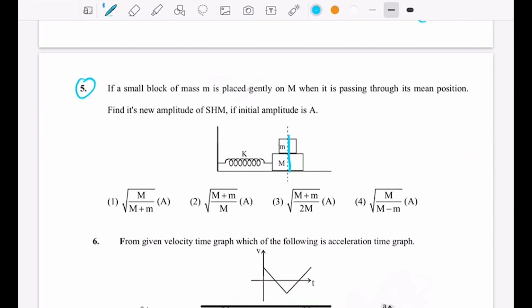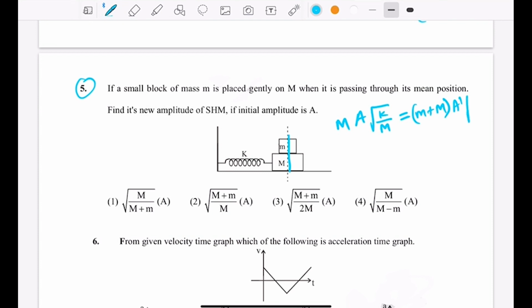Initially the amplitude is a, so the initial velocity is a into under root of k by M, that is a omega at the mean position. So M into a into omega, this is the initial momentum, equals the final momentum. We will get the final velocity with total mass small m plus M, so m plus M into velocity, which is a dash into omega.